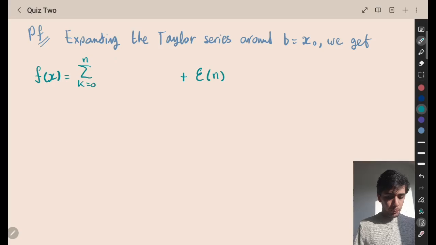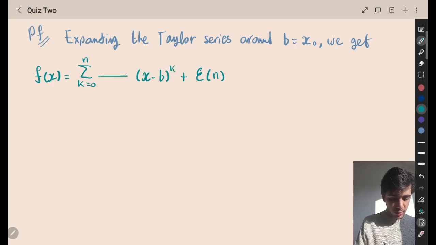And then what's going on here is you have a polynomial, centered at x0, well, it's usually centered at b, and its coefficients are always determined by its own derivatives, evaluated at the expansion point.